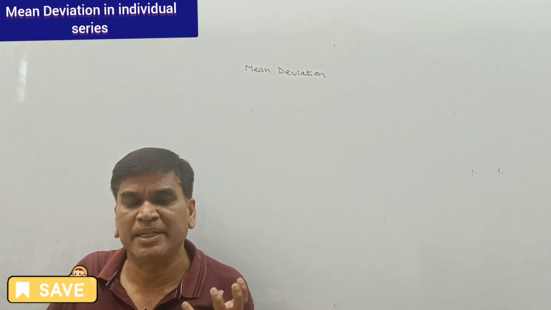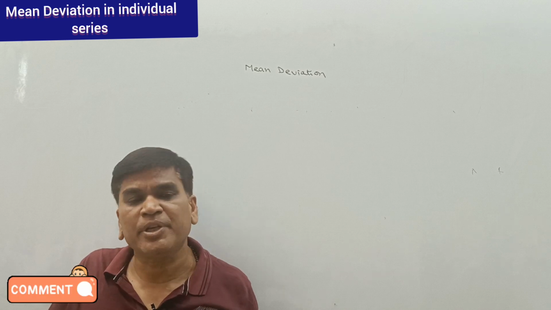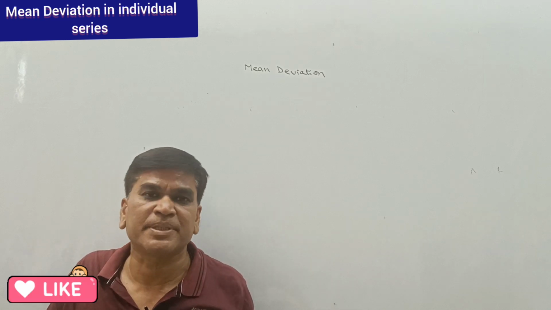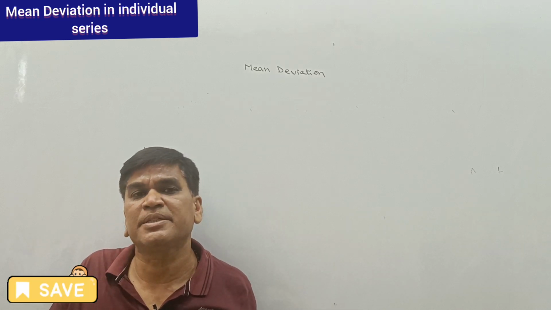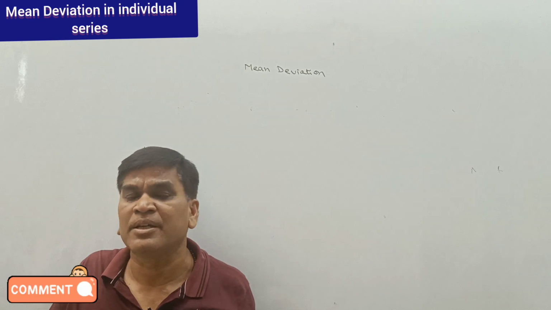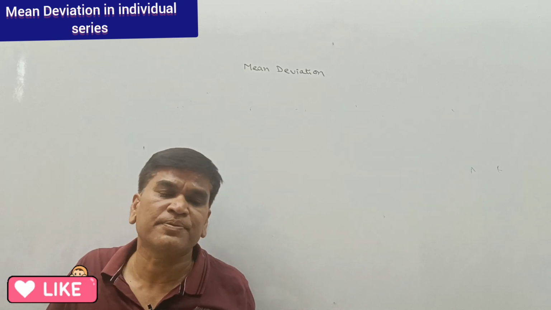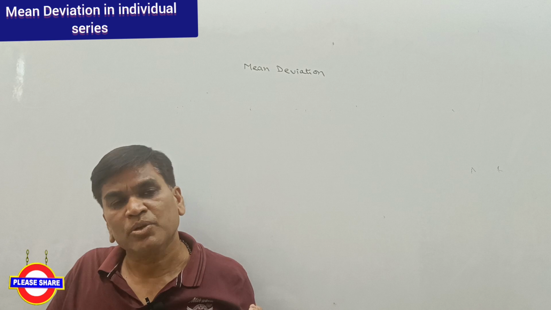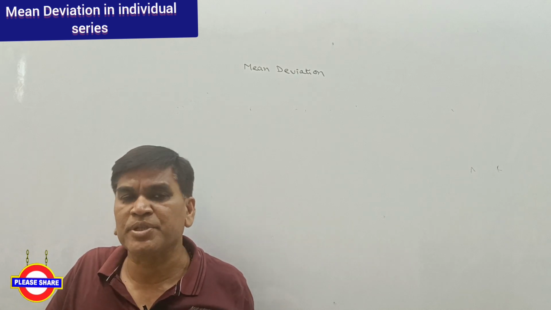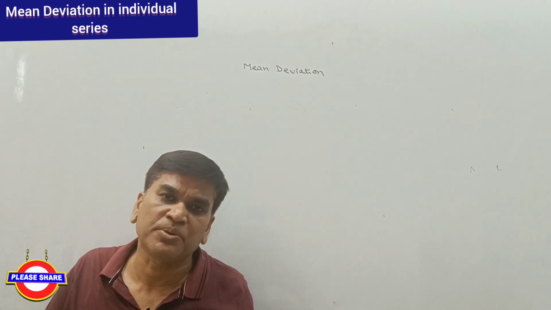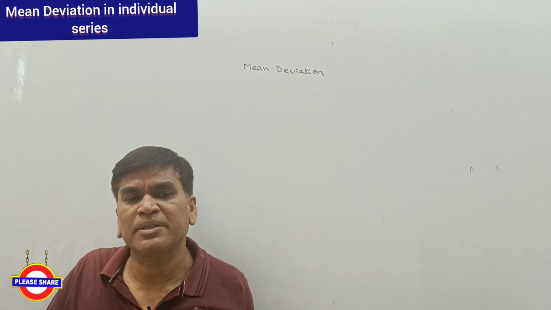That is called the mean deviation. It is a very important method of measuring dispersion. Sometimes in examinations we also get questions on the mean deviation, so let us learn how to solve such a question.